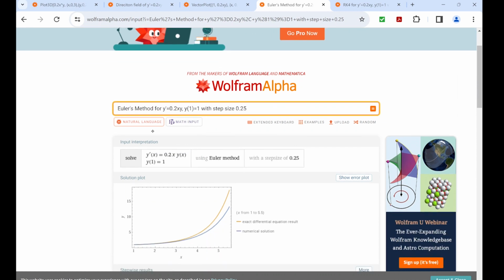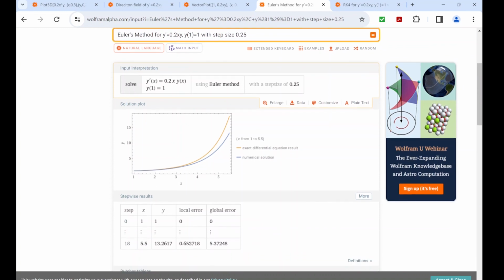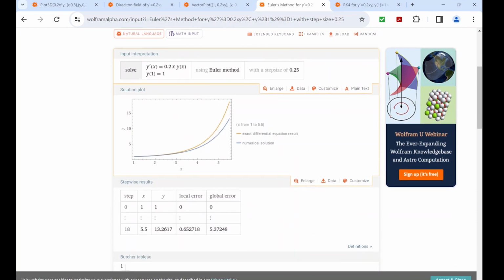Also, Euler's method. Look how I asked Wolfram Alpha to give me the results of Euler's method. I put in Euler's method for the differential equation with the initial value and step size, and it interpreted all that. And notice that the numerical solution here is in blue, and in orange is the exact solution.